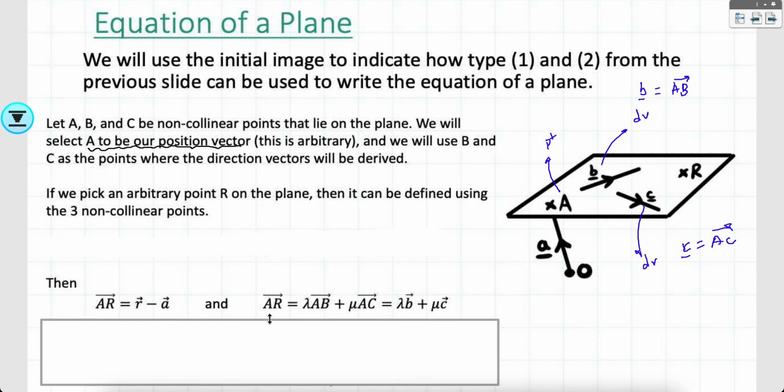So we start off with, well, I know that AR, A to R, is basically taking the position vector R minus the position vector A.